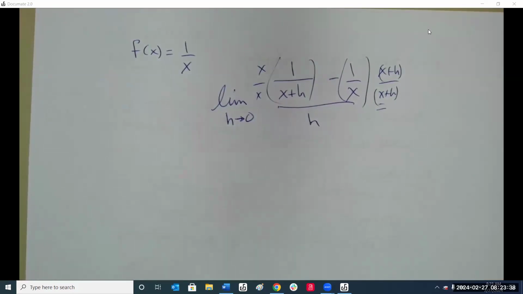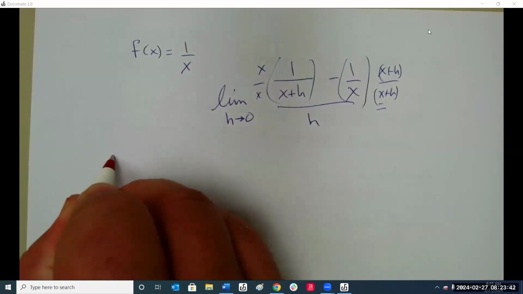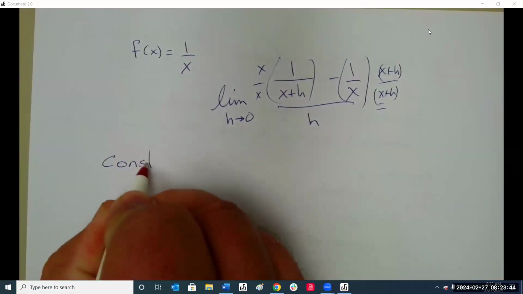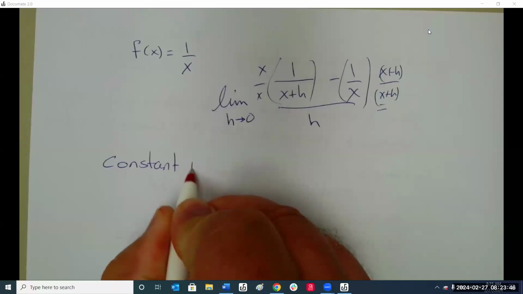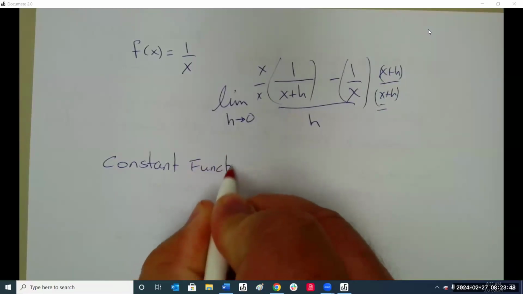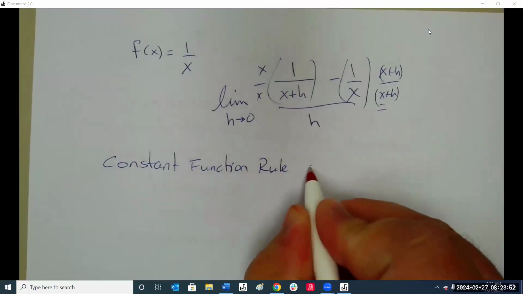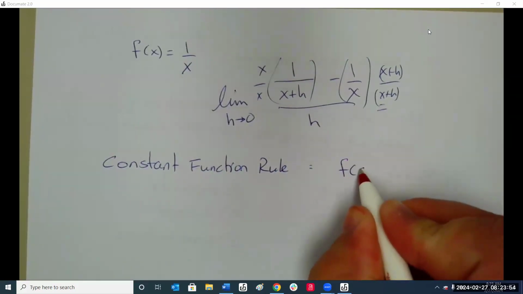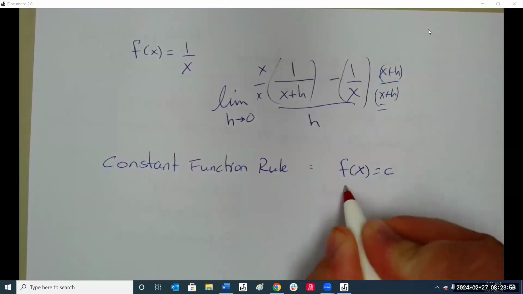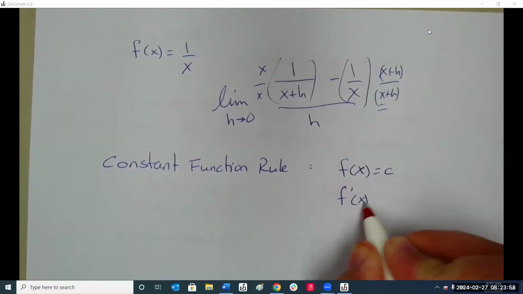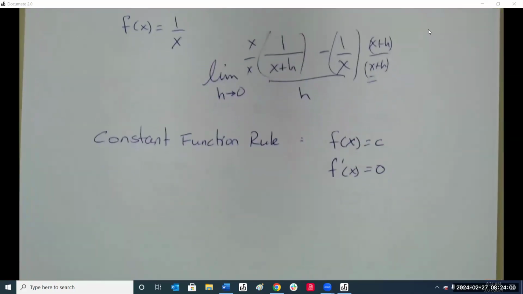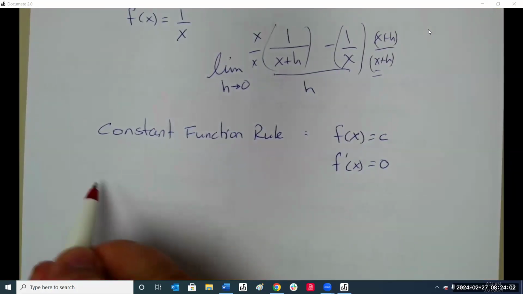This brings us to, besides the constant rule, the first rule we talked about, which says if you have a function that's a constant, the derivative of it is 0. That's the first rule.